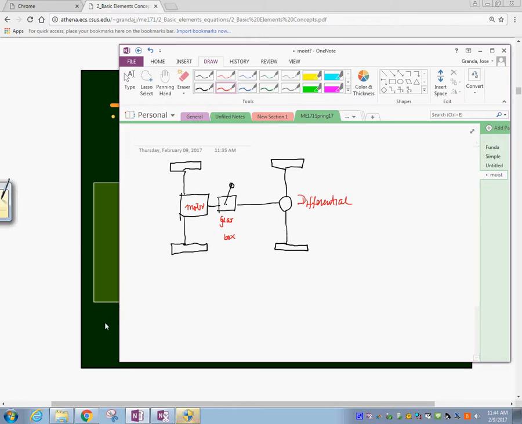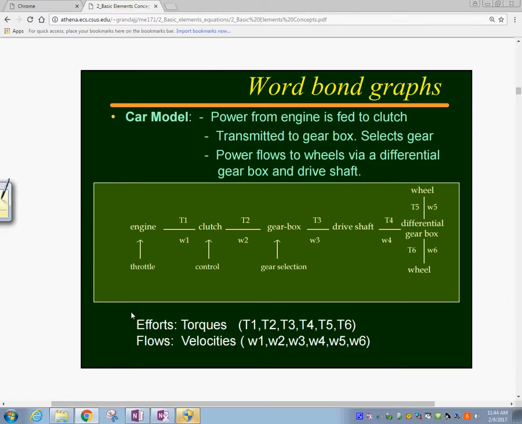So the idea that I'm giving you here is that using words, you can already create systems. The next step that we're going to have to study is transforming these words into elements that actually have equations behind. Because it's nice to connect like this, but this is just an idealization.